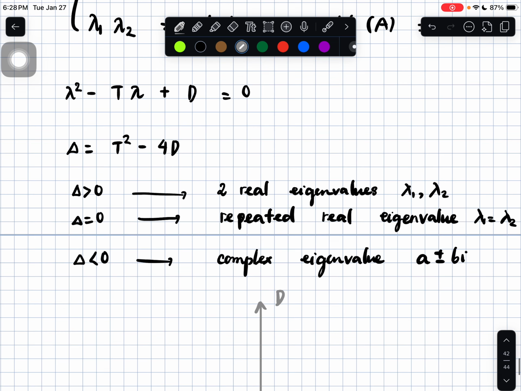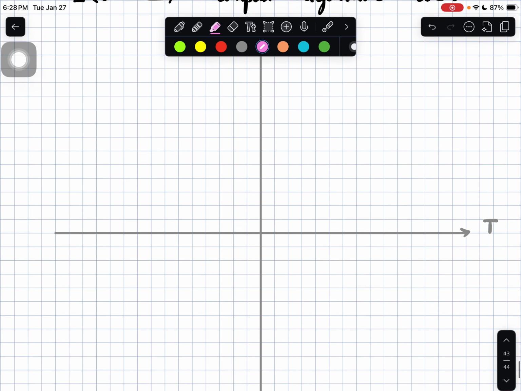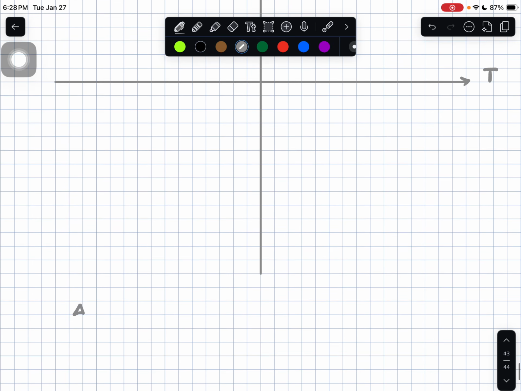Now let's look at the case where we have repeated eigenvalues lambda, or delta equals 0. Delta equal to 0 means T squared equals 4D.